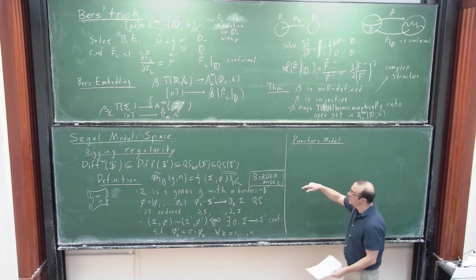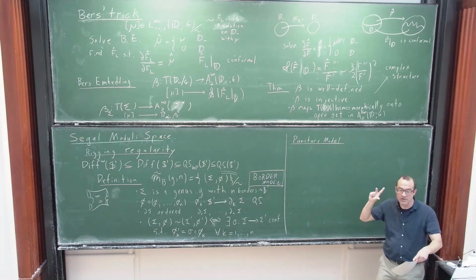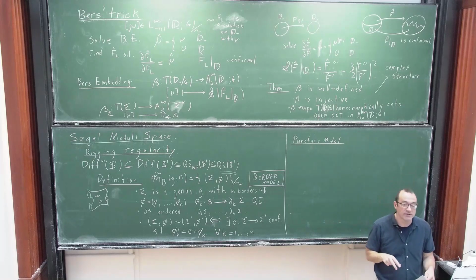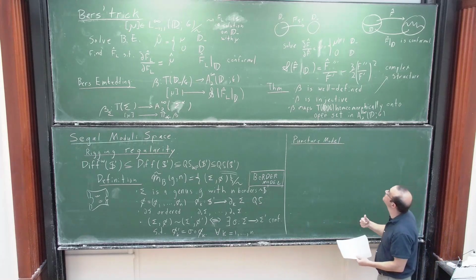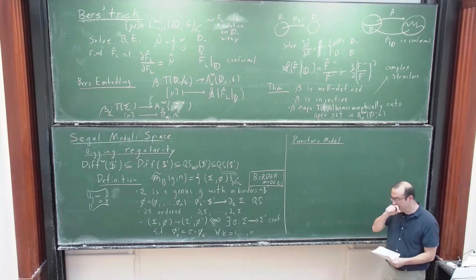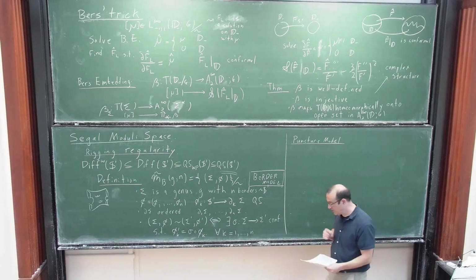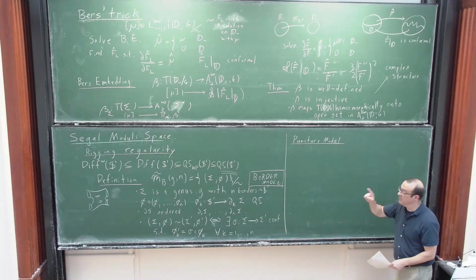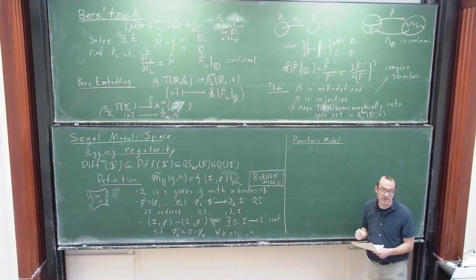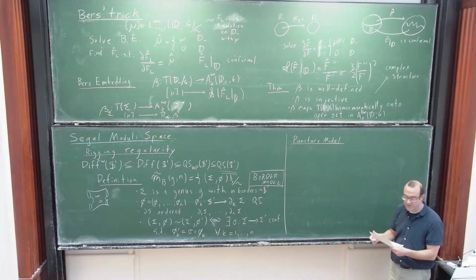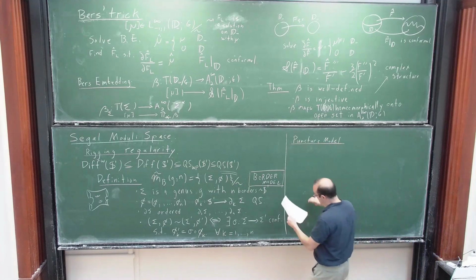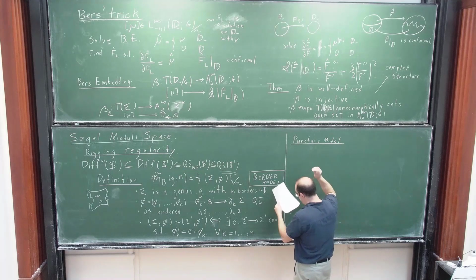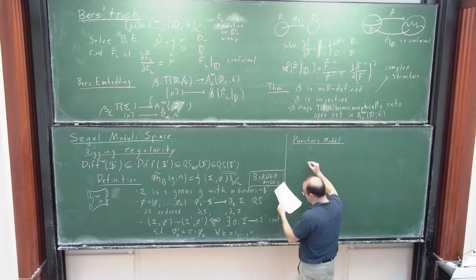So in the puncture model, instead of having parametrizations of the boundaries, you have non-overlapping maps into the surface. Actually, I have some confusions about the definition in the literature, but if you want it to be equivalent to the Segal border parametrization model, you have to do what I'm about to do. I'd like to talk to people about that if anyone's interested.